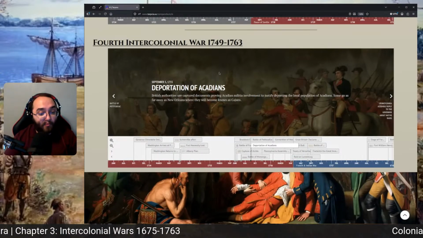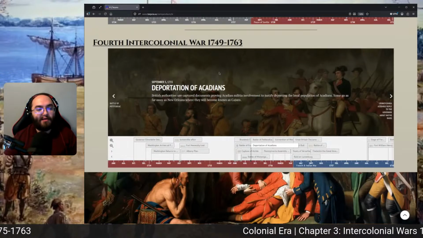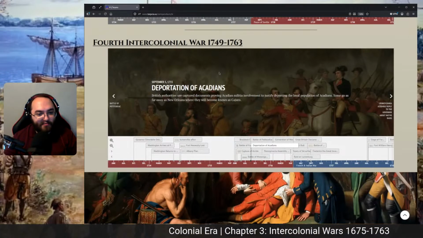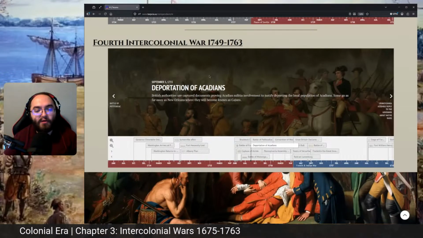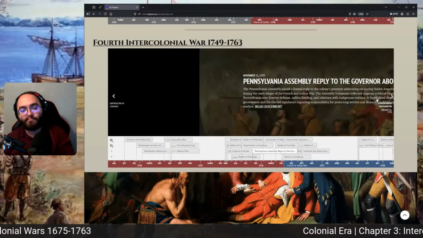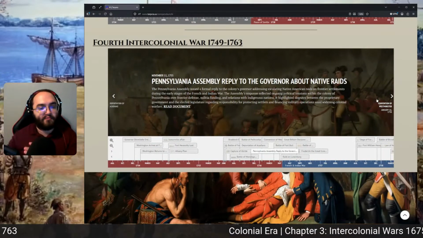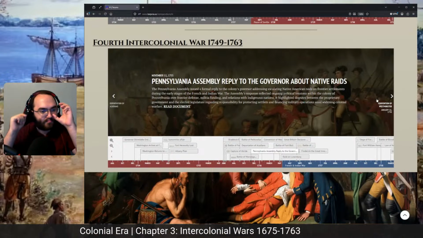And these are the people who will become known as Cajuns, and they're named after Acadia. Cajun, Acadia, I guess it's similar enough. So the Cajuns come actually from Canada. And they're originally French. So they're French Canadians moving down to New Orleans.